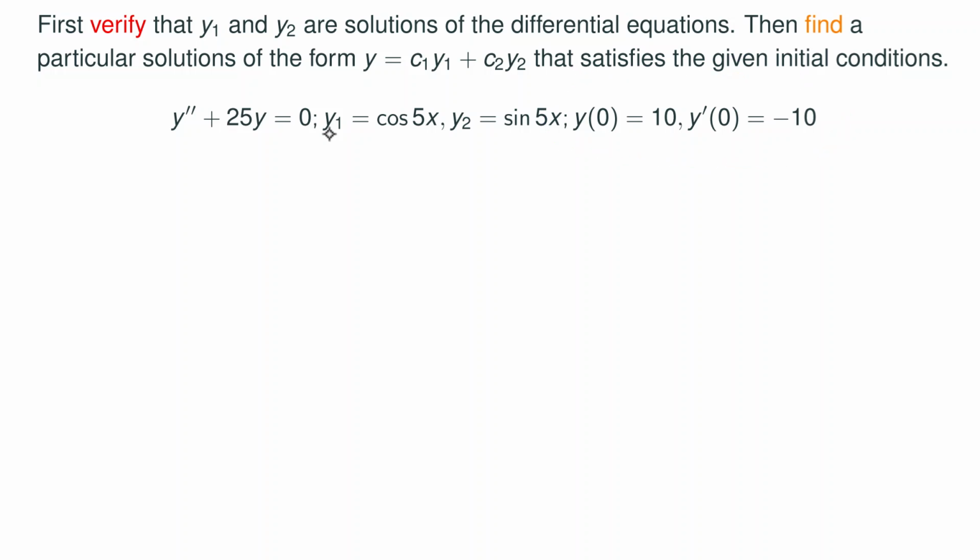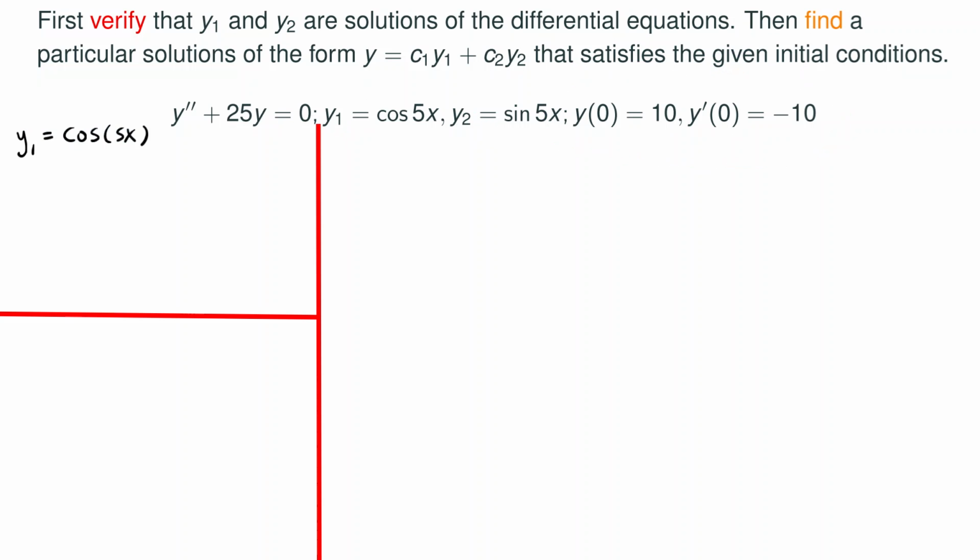Let's first verify y1 and y2 are solutions to the differential equation. So we need to know the second derivative. Let's take the first. The first derivative is negative sine of 5x multiplied by the derivative of the inside. Derivative of 5x is 5. So that's negative 5 sine of 5x.